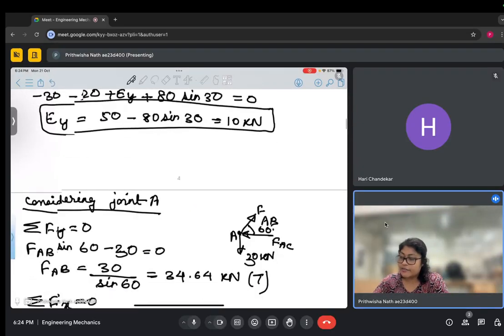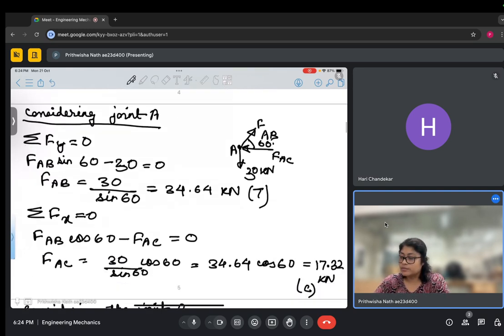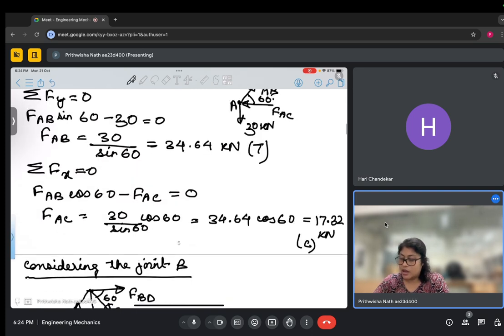Then we considered the joints separately. First we considered this joint A, and similarly we applied the equilibrium equation, and then we found out the force in members AC and AB.